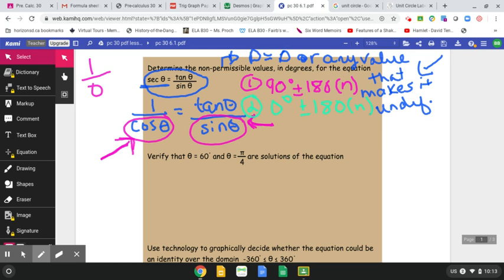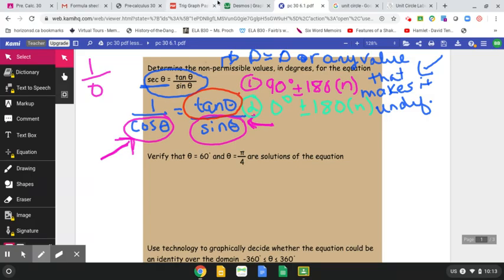And then the last thing that's really important, and kids always forget this, is we looked at our denominators, which is perfect, but anytime you see tan, you should be alarmed. Because tan itself, whether it's in the numerator or denominator, has a non-permissible value, or multiple.